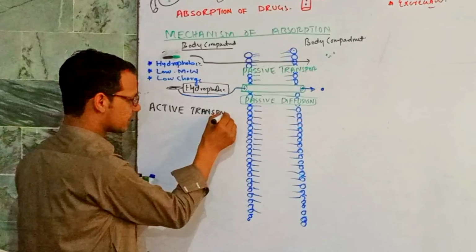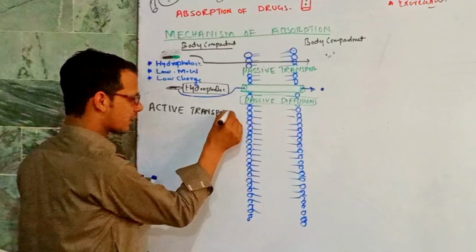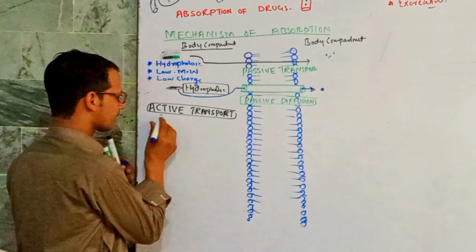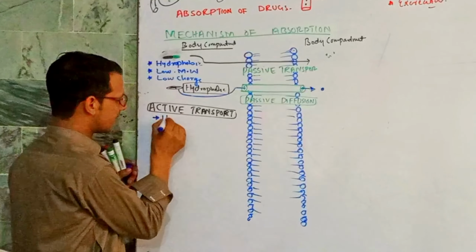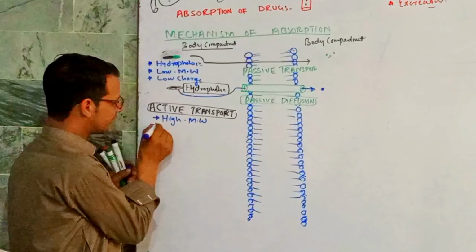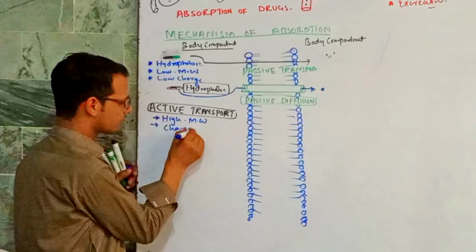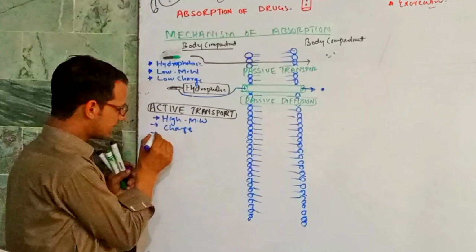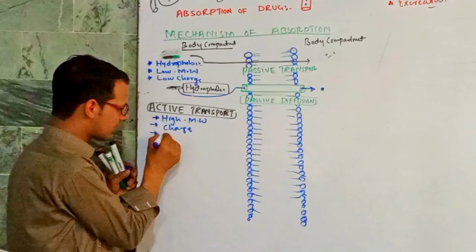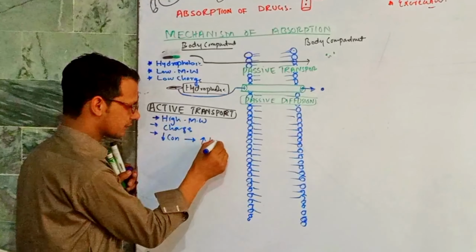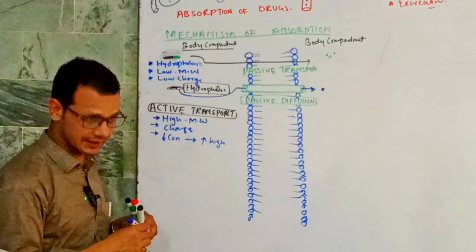What is active transport, or what are the properties of a drug for active transport? The drug will have high molecular weight, having charges, right, or no charges, and it is moving from low concentration to high concentration, meaning against the concentration gradient.